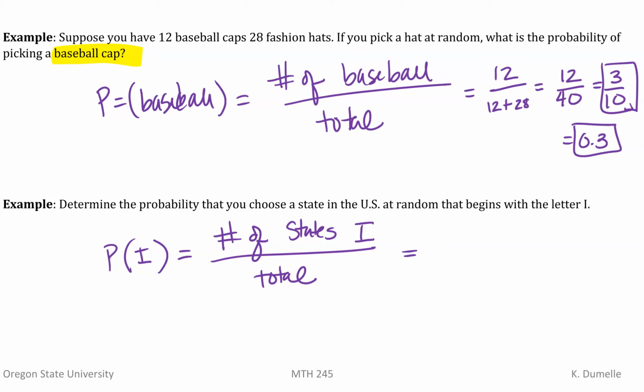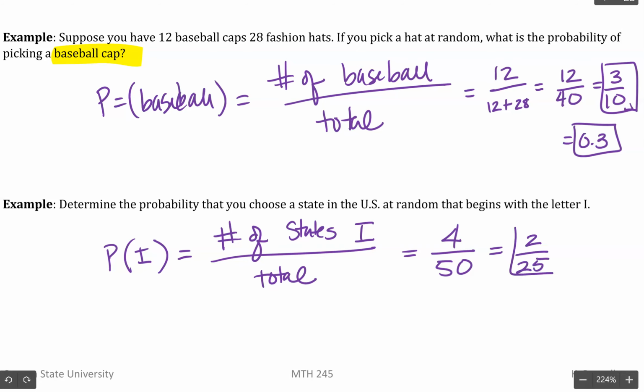So I happen to know that there are 4 states that begin with the letter I: Idaho, Illinois, Indiana, and Iowa. And I also happen to know we have 50 states in the US. So when we simplify 4/50ths, we get 2/25ths. And that's the probability that you randomly select a state in the US that begins with the letter I.